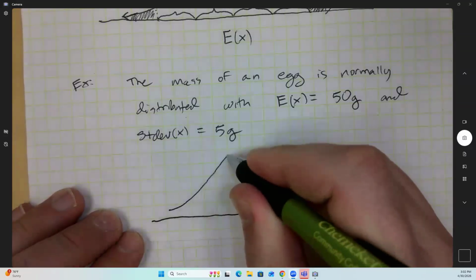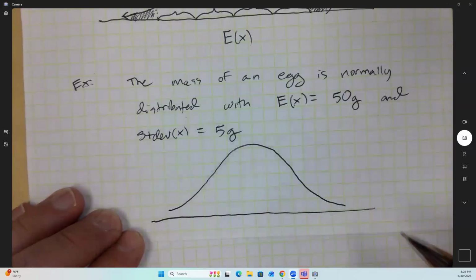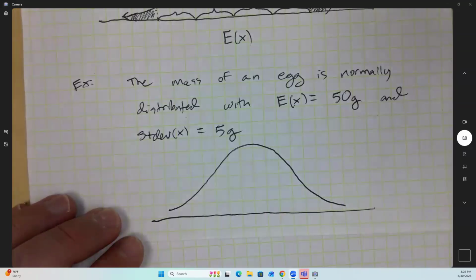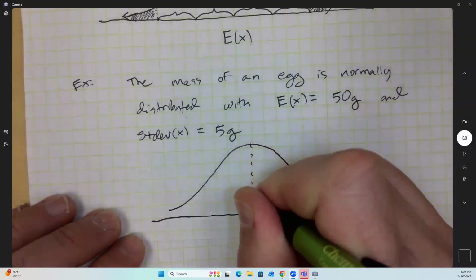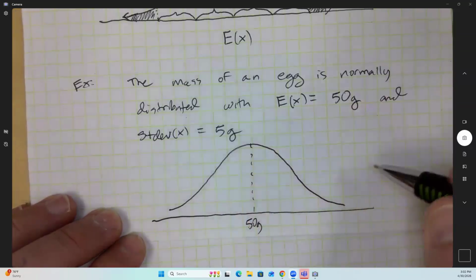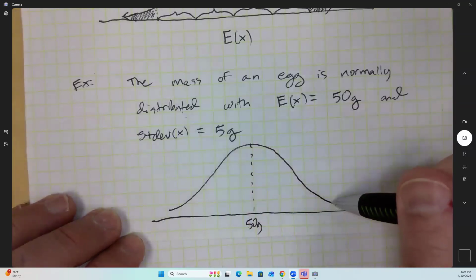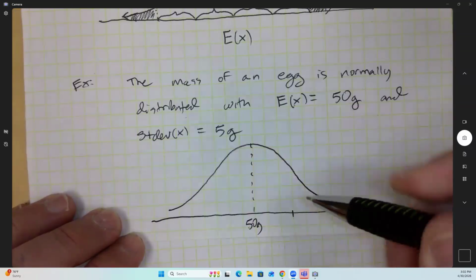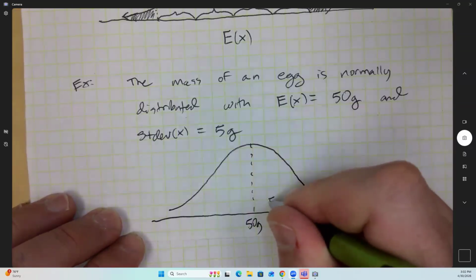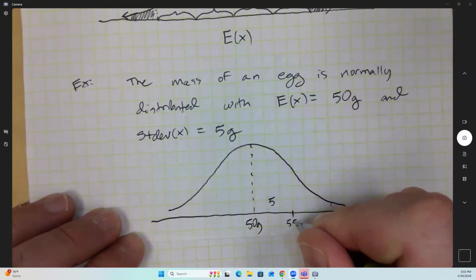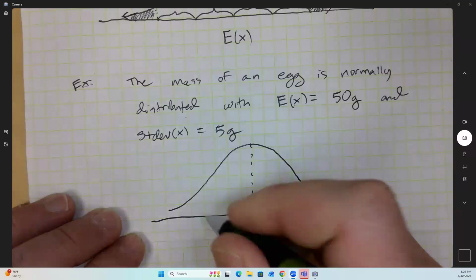I like to draw the bell curve first because if I draw it badly, I can just adjust where my mean and standard deviation are. On that one, I did pretty well. There's 50 grams. And then I just kind of eyeball what would get me to here, and then I go halfway. And so that distance there is 5. So that means this is 55, and that's 60.